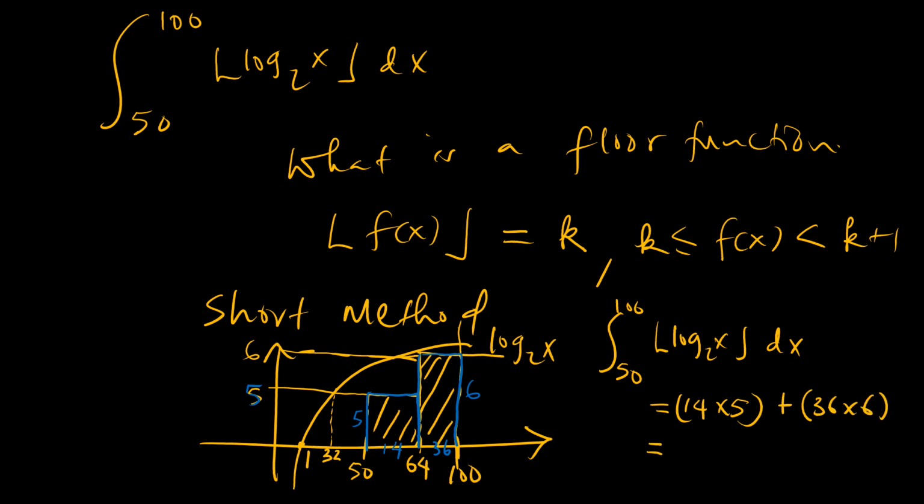Which is 70 plus this: 6 times 6 is 36, carry 3, 6 times 3 is 18, plus 3 is 216. So this becomes 286, and that is the answer. Okay, so that's the quick and shortest method.